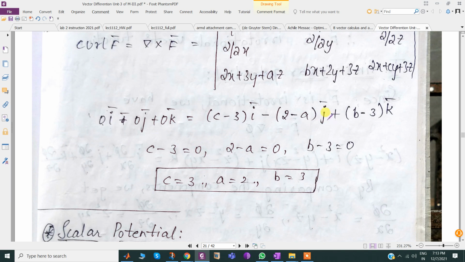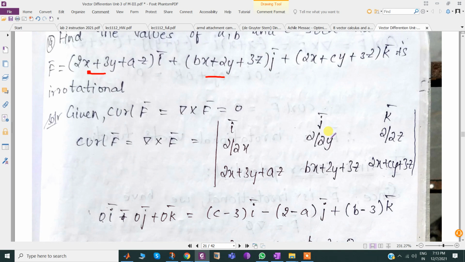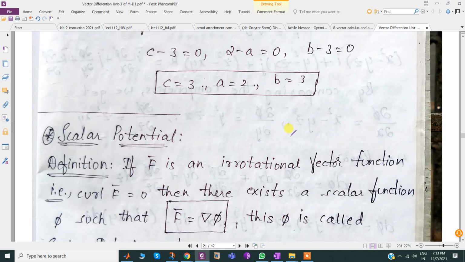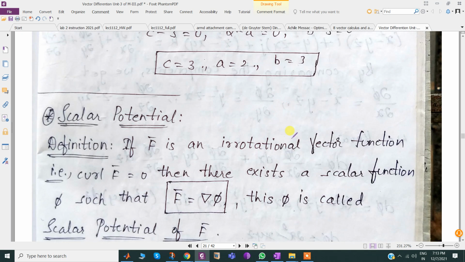So substitution of what was given: 2x² plus 3y minus a minus z, bx plus 2y plus 3z, and so here 2x plus cy plus 3z, just normal differentiation, only normal differentiation, and simplify that one.